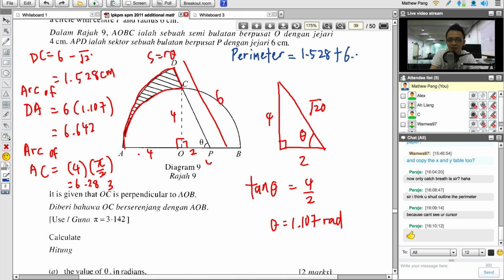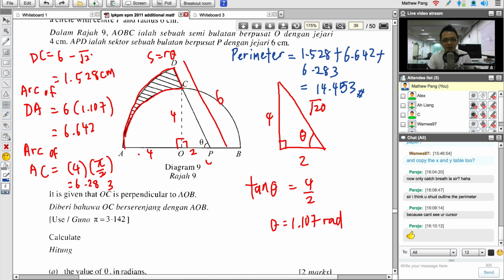And you add the next one, 6.283. This is the perimeter. 1.528 plus 6.642 plus 6.283. Yep, you got 14.453. That's all. Okay, it's very easy for perimeter.